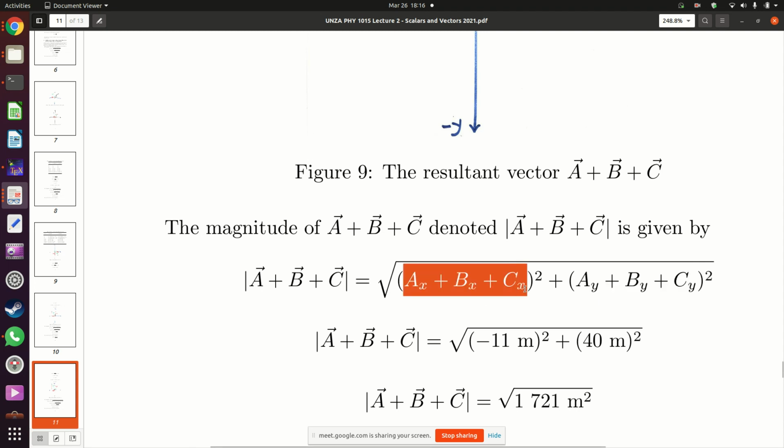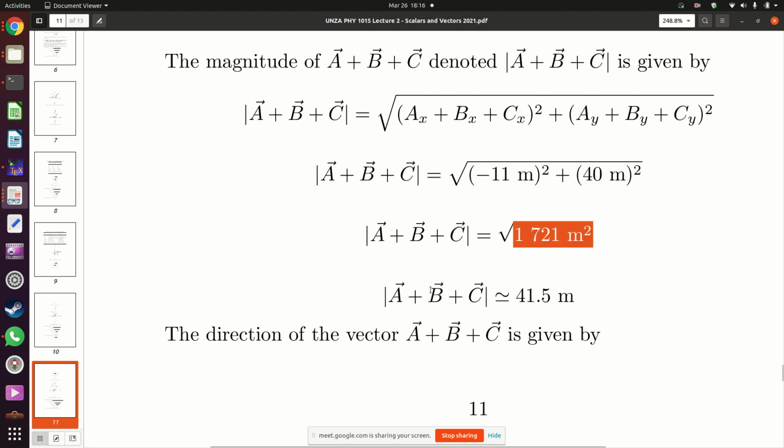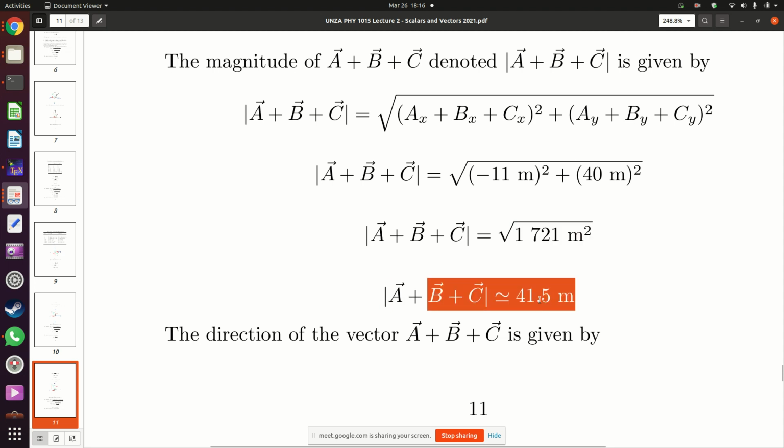Along the x-axis, this is minus 11 meters squared, plus along the y-axis 40 meters squared, and inside the square root you end up with 1,721 meters squared. Then you take the square root, and you end up with the size of 41.5 meters. So A plus B plus C has a size of 41.5 meters.